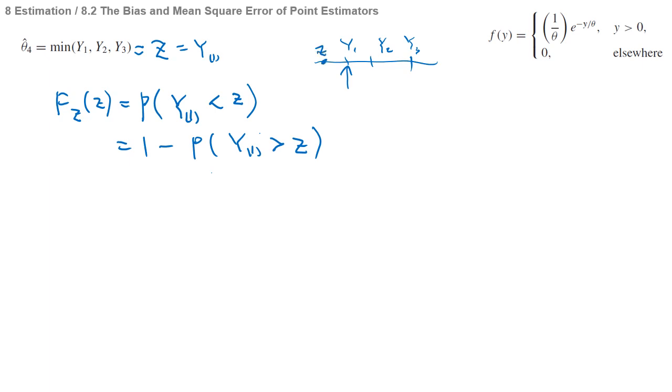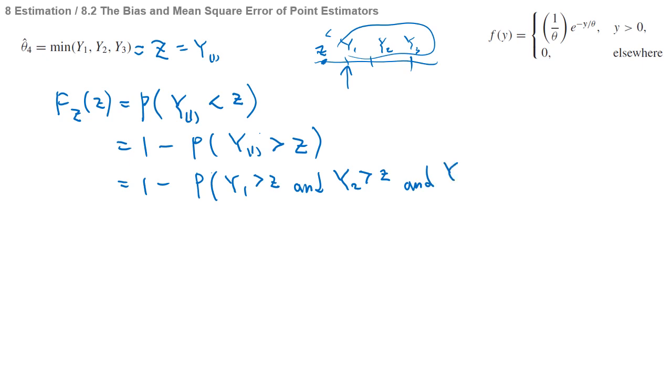If the minimum of these is greater than z, this implies that Y1 is greater than z, and Y2 is greater than z, and Y3 is greater than z.